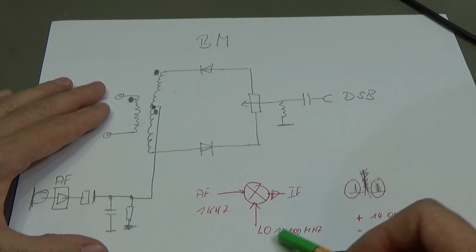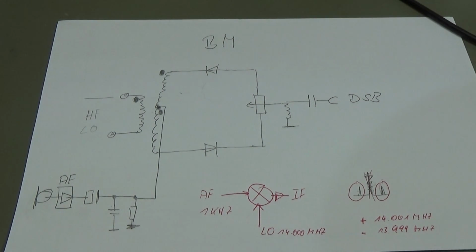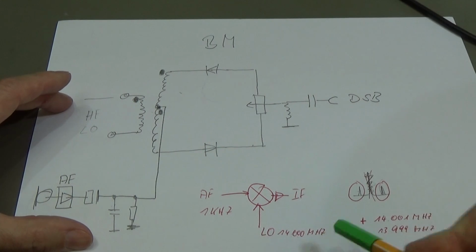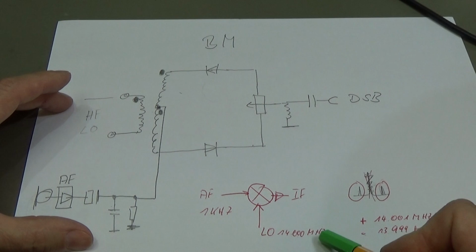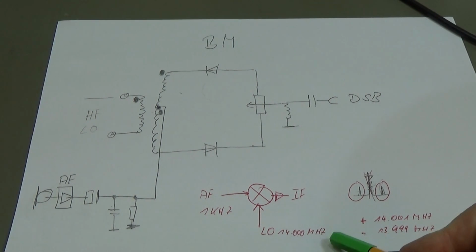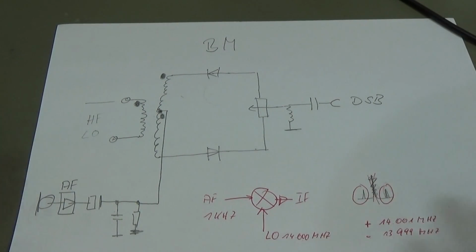In our example we said it is our 14 megahertz, but it depends on the circuit itself, so it must not necessarily be 14 megahertz. It depends on the circuit which was developed before. So this is only an example.